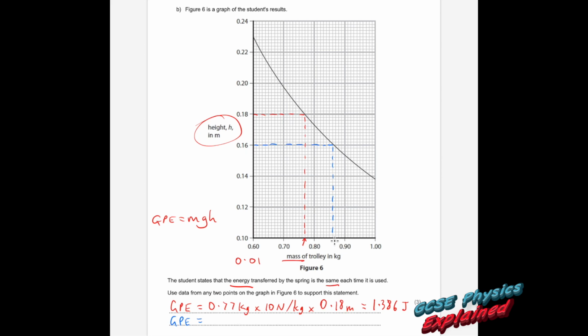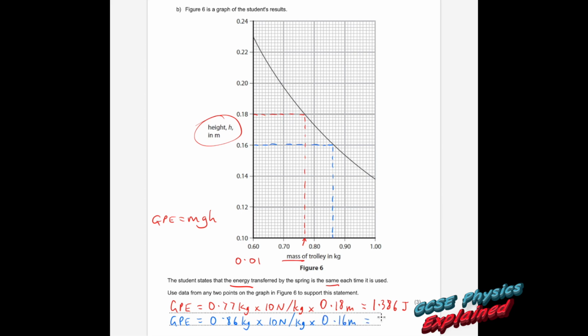So what have we got? So the mass 0.8, 8, 1, 8, 2, 8, 3, 4, 5, 6. So that's 0.86 kilograms times by gravity, and then times by 0.16 meters.